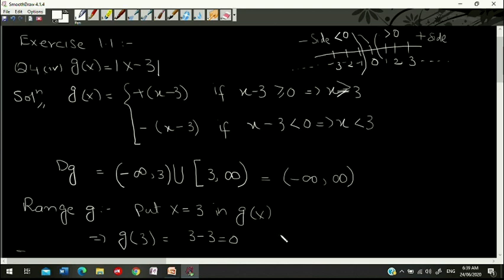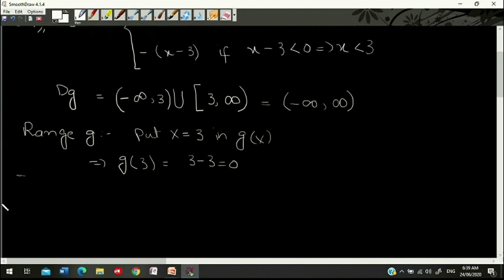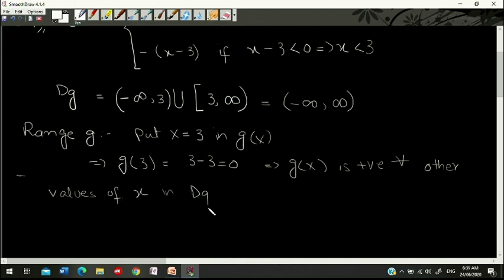And we can say g of x is positive for all other values of x in this domain. So the range of this function is from 0 to infinity.